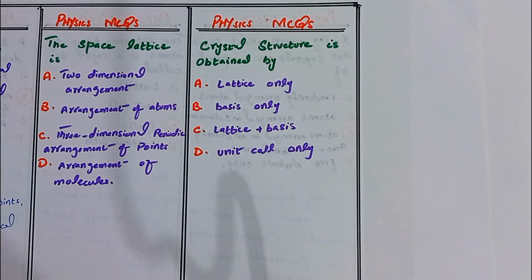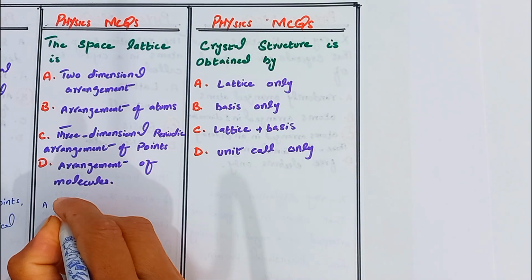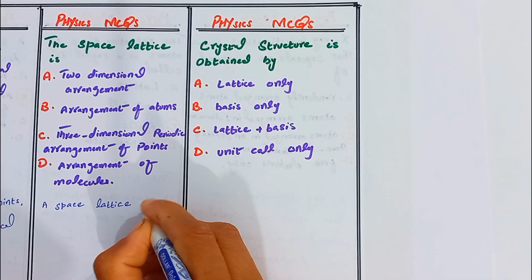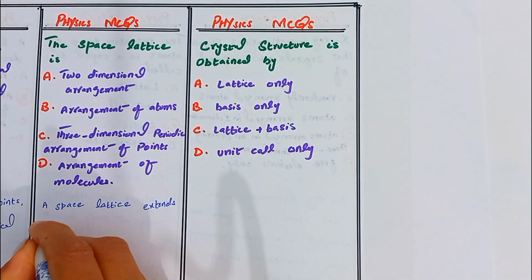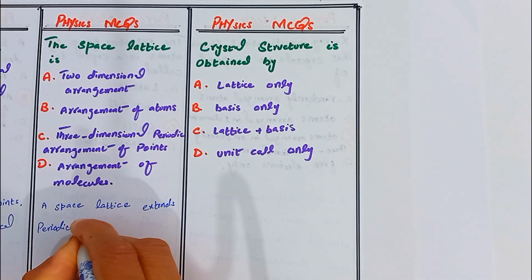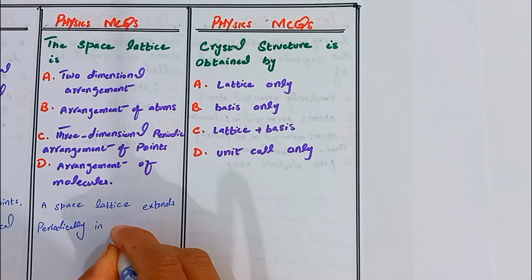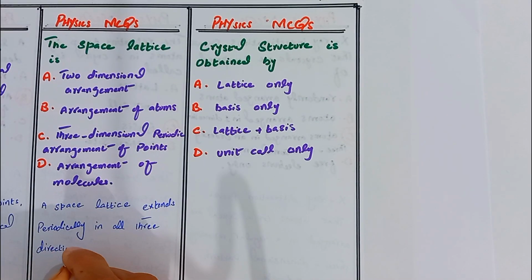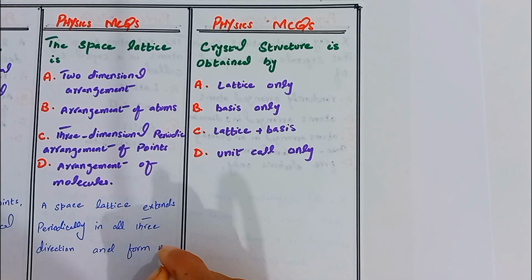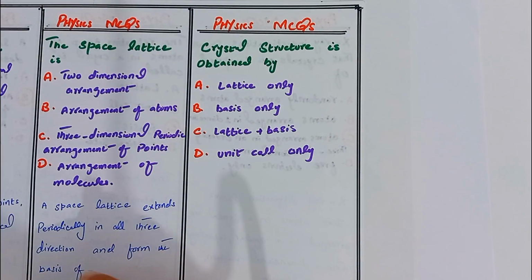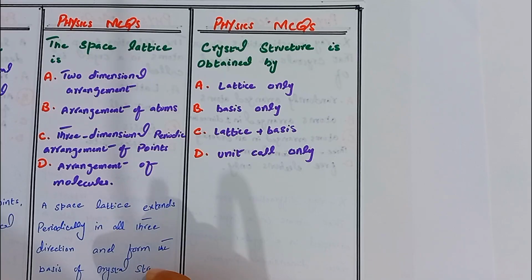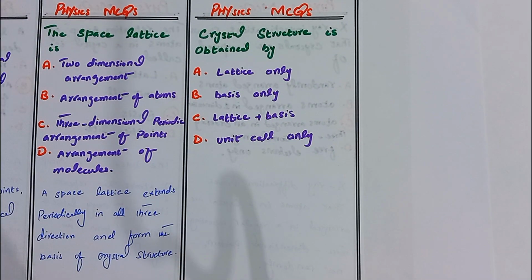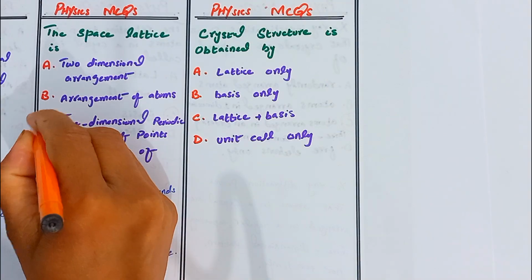So the correct option is option C, three-dimensional periodic arrangement of points.